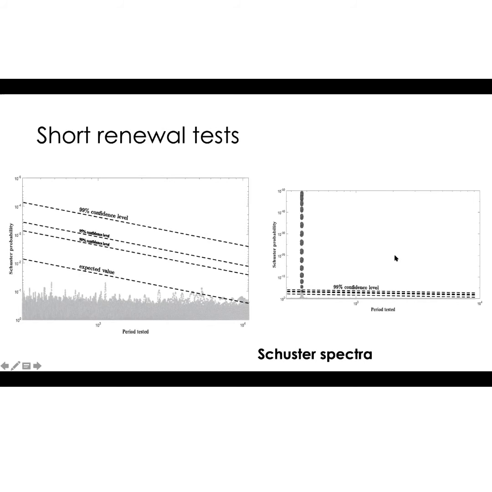This is the Schuster spectrum for a random catalog, except that 10% of the events are systematically separated by 1 year from each other. And you can see that the Schuster spectra has no problem resolving even a 10% bias in the temporal distribution of events.